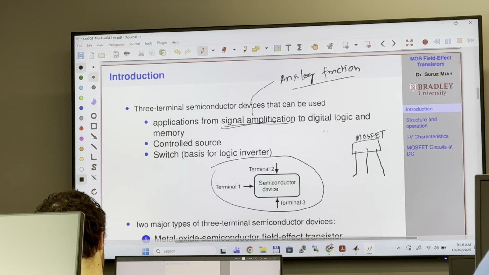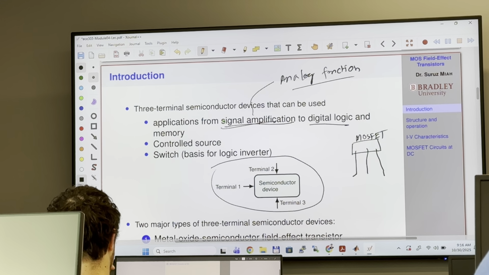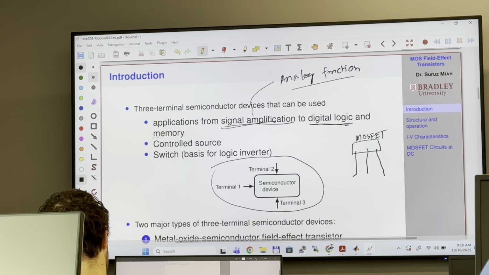Signal amplification, to digital logic processing, addition, subtraction, multiplication, multiplier, adder, subtractor. So you can use these semiconductor devices to implement digital logic circuits and memory as well, the storage device.